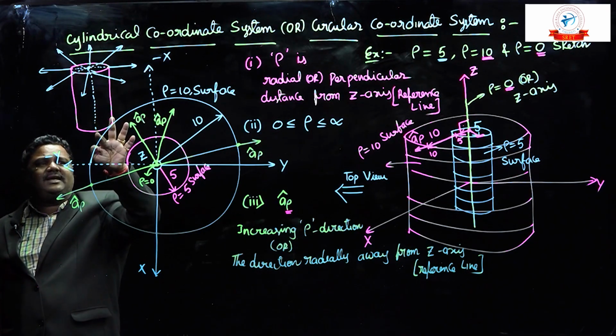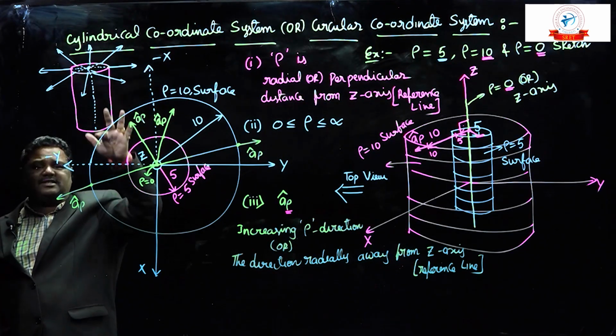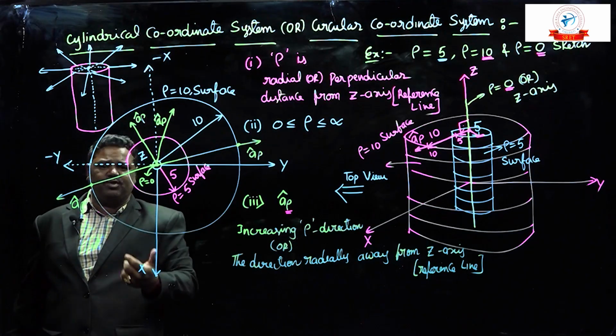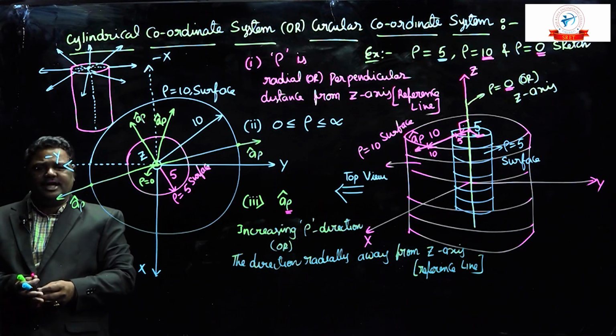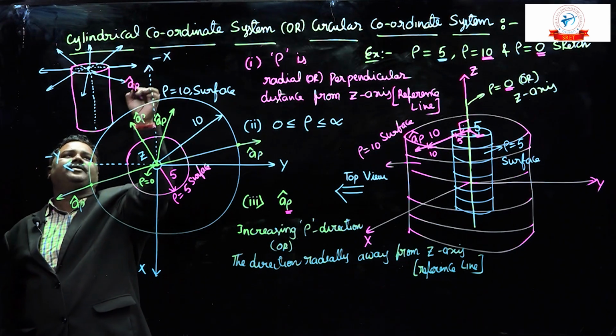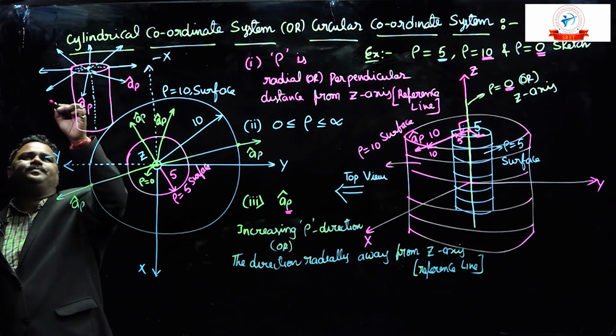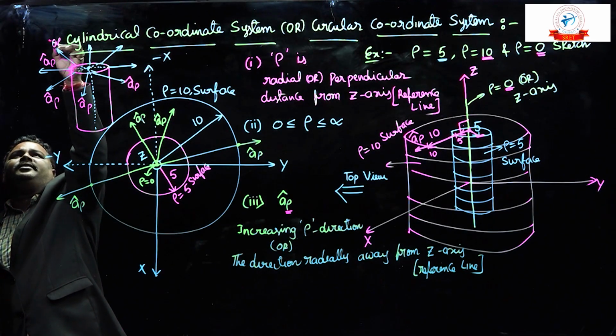The center of the tube light is a line, so a reference line. Now this light is moving radially away from the reference line. Whenever any quantity is moving radially away from a reference line, its direction should be arrow cap. So here the direction of this light is nothing but arrow cap.